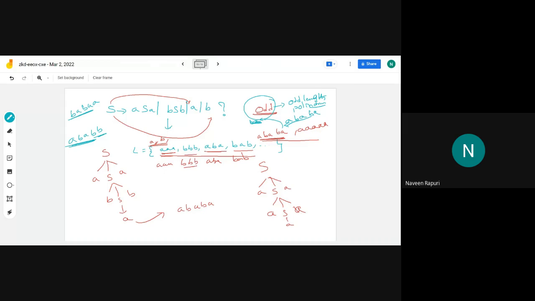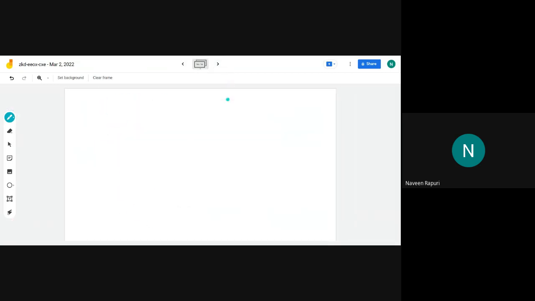The grammar is for accepting the language of odd length palindromes. Okay. Once again, I will go back, sir. Here I am explaining context-free grammars.